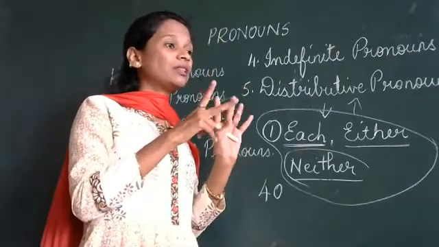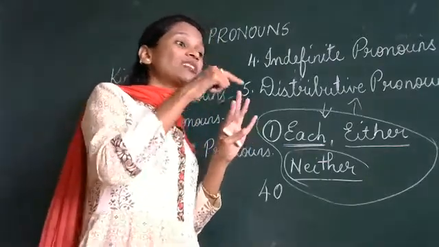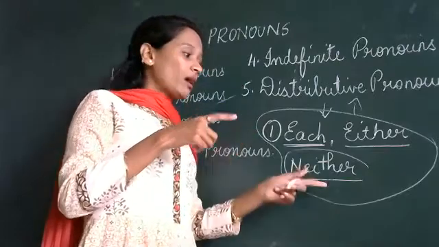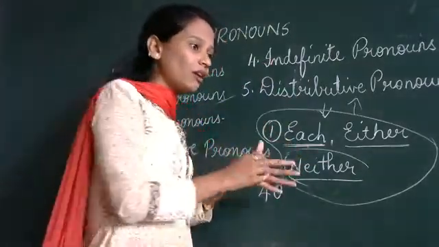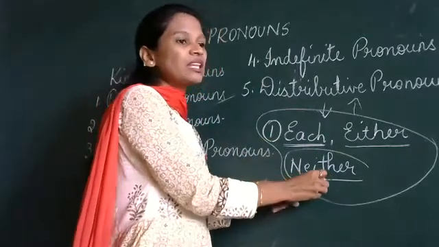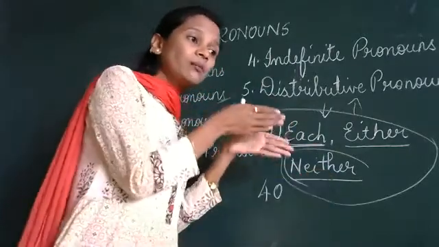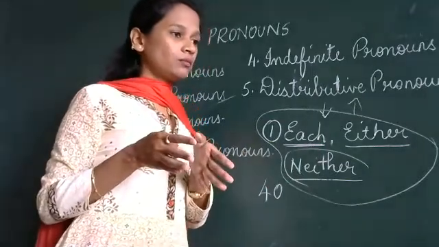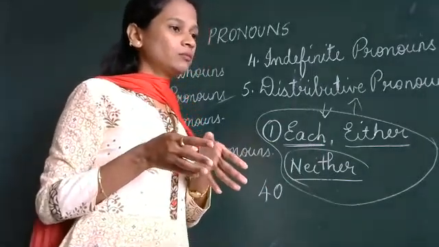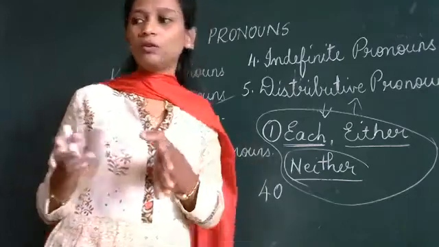That is either. But if I say choose maths and choose Kannada, and you say, ma'am, I don't want anything, that means neither. I don't like maths, neither do I like Kannada. Fine? Fine, all of you?